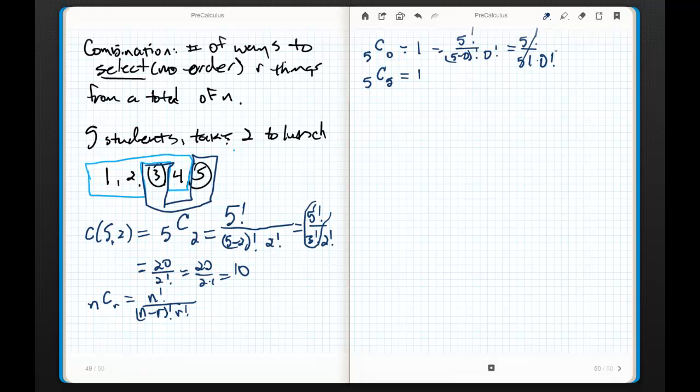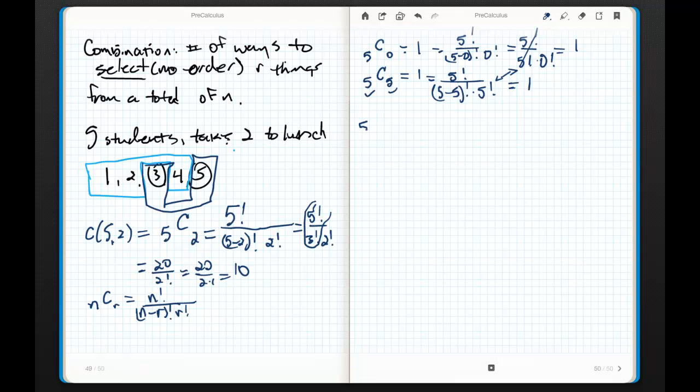Well, those cancel, become 1. 0 factorial is 1, and voila. Now look close here. Aren't we going to end up with exactly the same thing, just in a little different order? 5 factorial divided by 5 minus 5 factorial, which is 0 factorial, times 5 factorial. You end up with exactly the same thing by the commutative property of multiplication, which is 1.